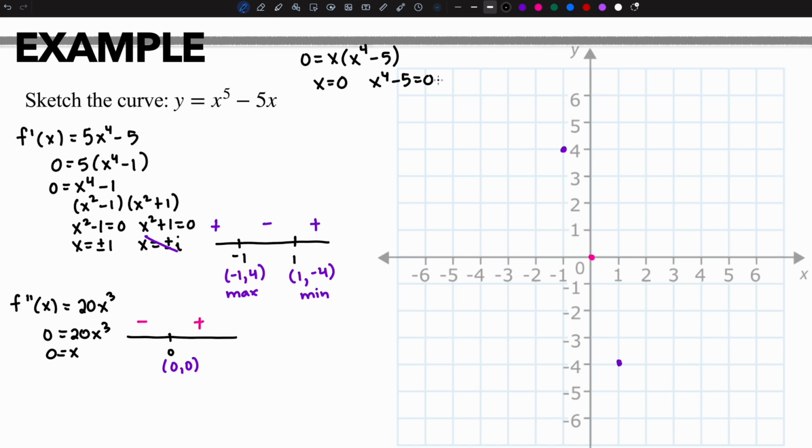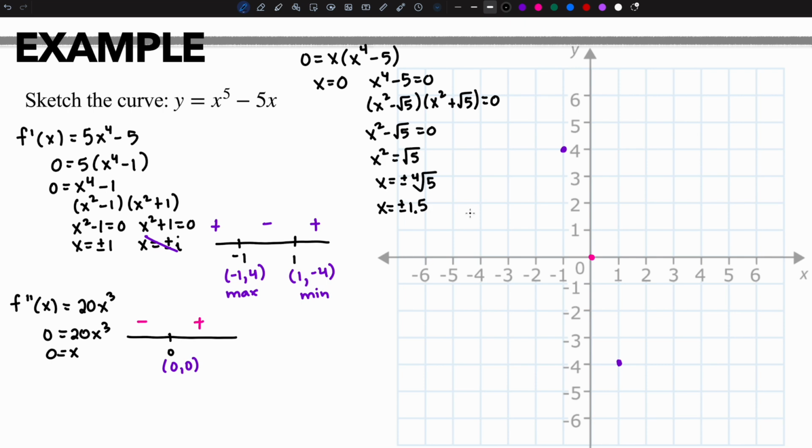So at this point, you're going to have x squared minus the square root of 5, and x squared plus the square root of 5 equals 0. So if I have x squared minus the square root of 5 equals 0, then x squared equals the square root of 5, and then I'll have plus or minus the fourth root of 5. The fourth root of 5 is roughly about 1.5.